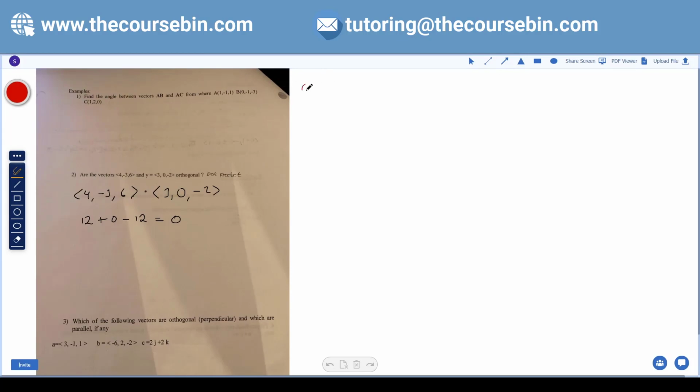So for orthogonal, A dot B equals 0. And parallel means A dot B is equal to plus or minus the magnitude of A times the magnitude of B.